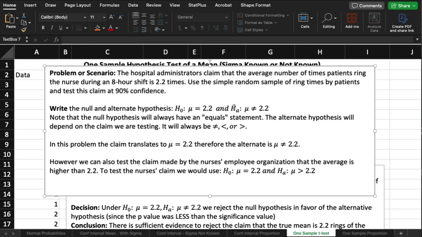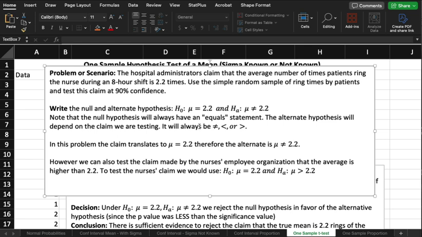So that makes the alternate hypothesis mu is not equal to 2.2. The true mean has shifted in some way and it's not equal to 2.2. You have to use the clues given in the problem to determine what the null and the alternate hypotheses are.